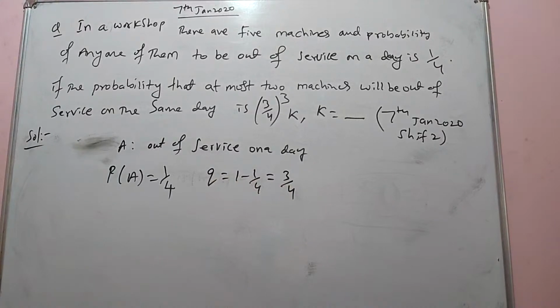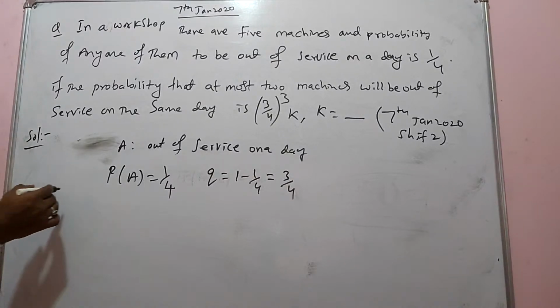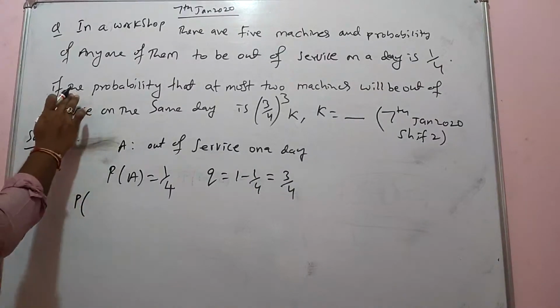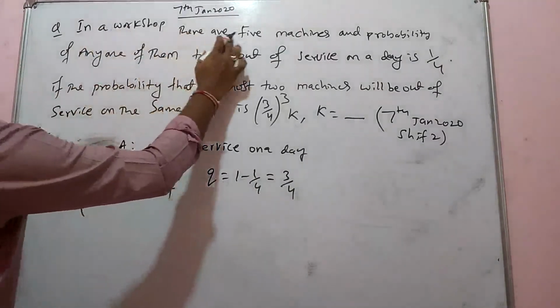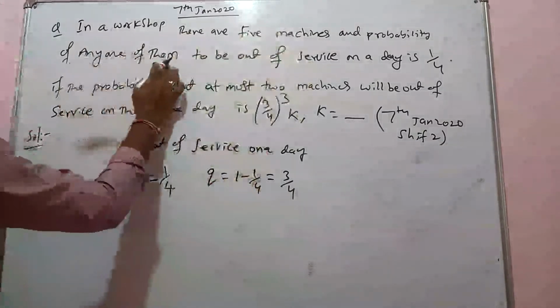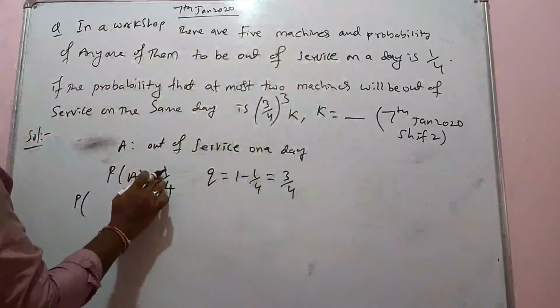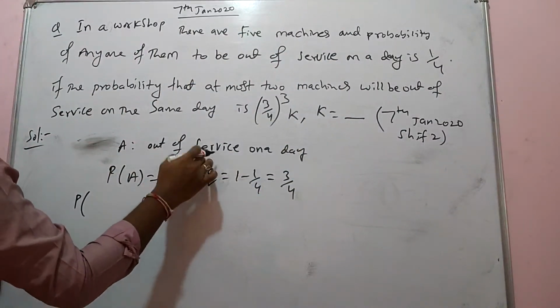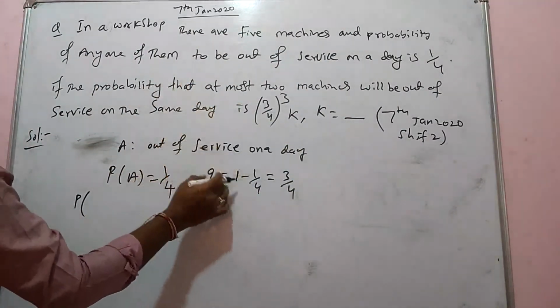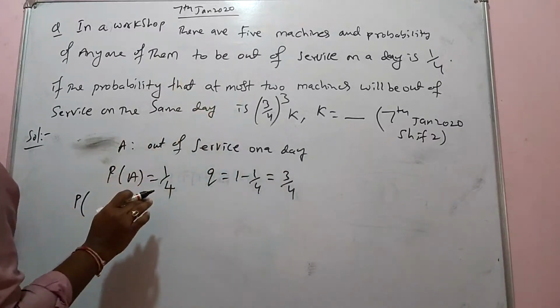Are you getting it here? Failure will be 3/4. Okay. So now, they said in a workshop there are five machines, and the probability of any one of them being out of service on a day is 1/4, so the other one is 1 minus 1/4, that is 3/4.